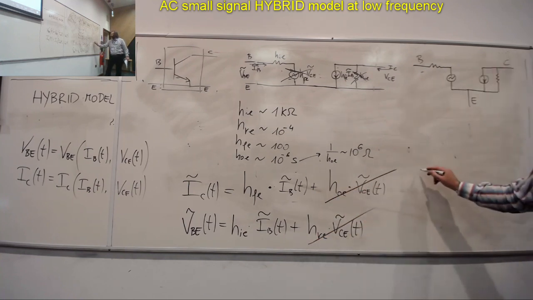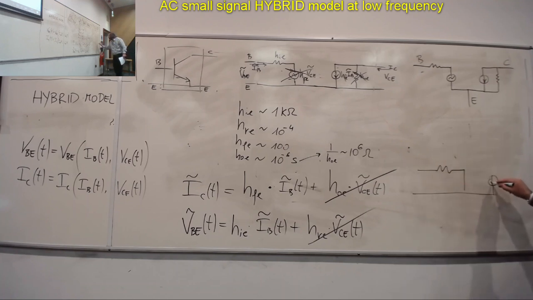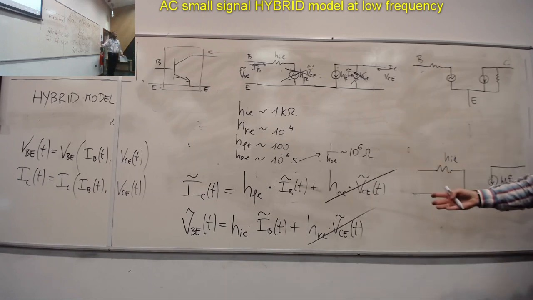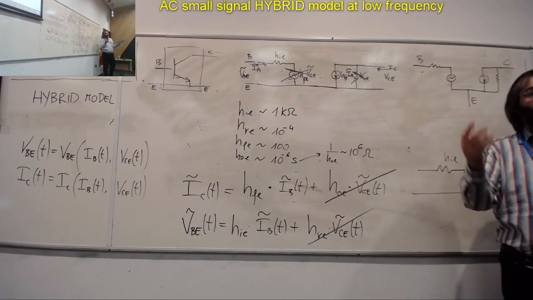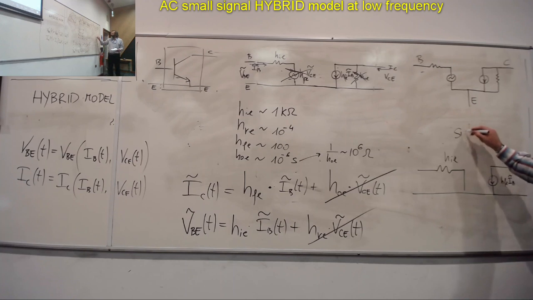And the corresponding model will be simply this. But be aware of the assumptions we are making and the numbers we have roughly calculated to make these assumptions. Okay, so this is our simplified hybrid model.